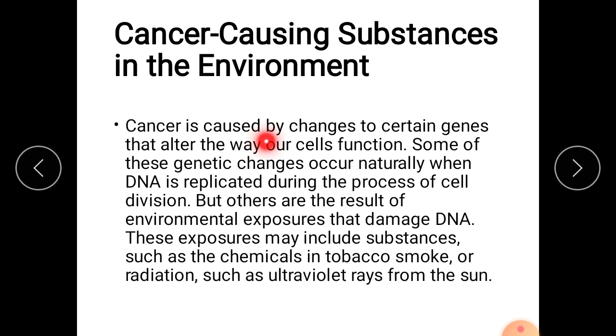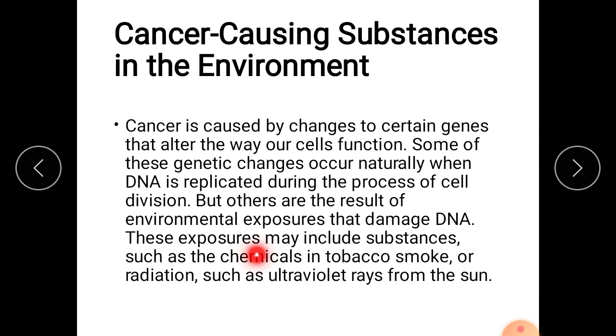Cancer is caused by changes to certain genes that alter the way our cells function. Some of these genetic changes occur naturally when DNA is replicated during the process of cell division, but others are the result of environmental exposures that damage DNA.